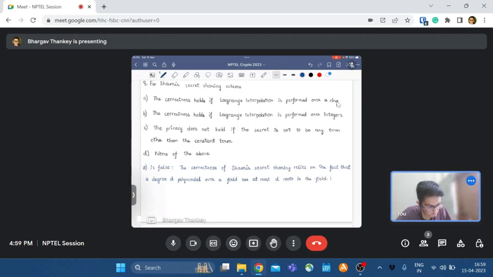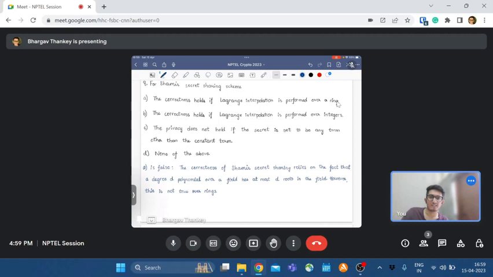However, this is not true over rings. That is, over rings, it is possible to have a degree D polynomial which has more than D roots.